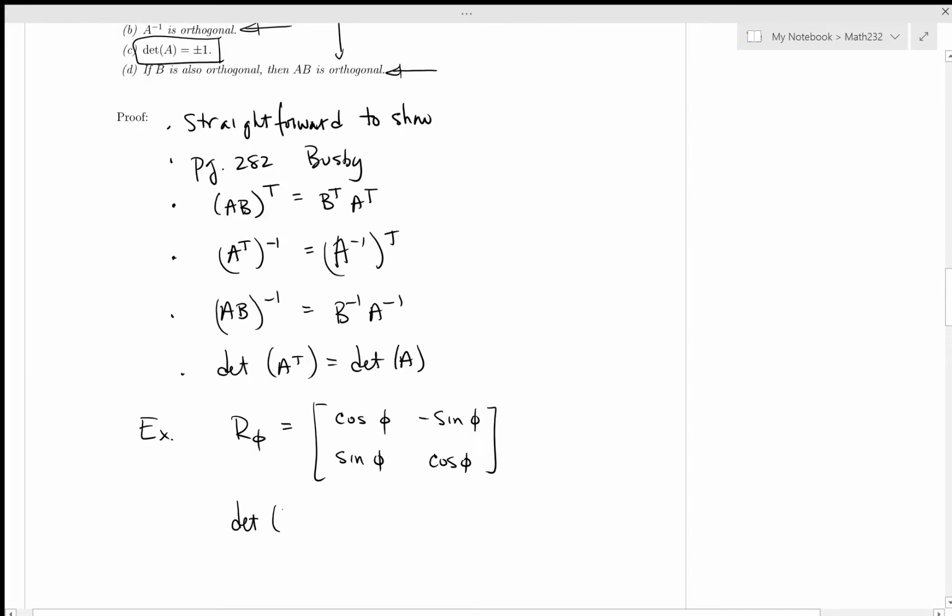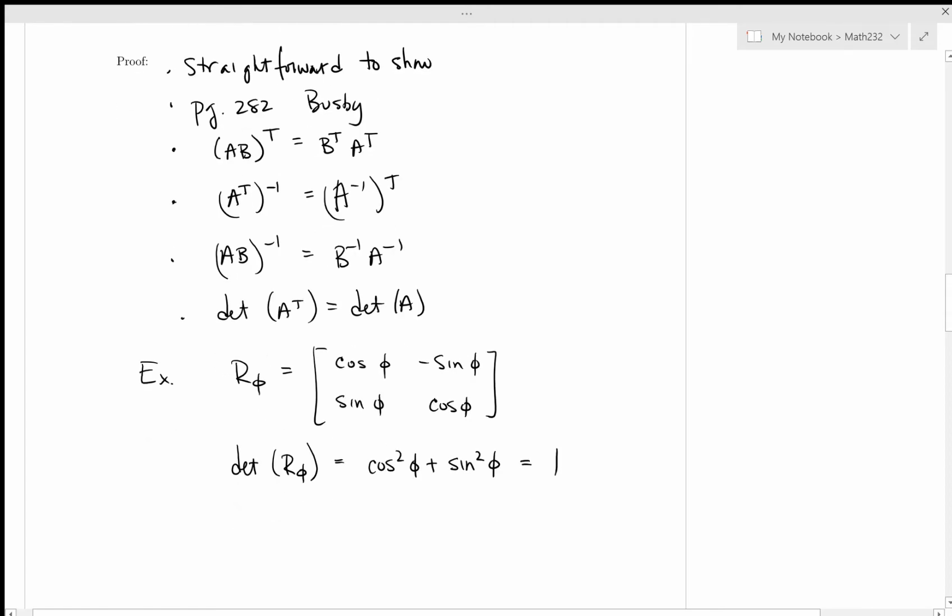Determinant of R phi will be cos squared phi plus sine squared phi, and that is 1. So we can then claim here that R phi is an orthogonal matrix. We're going to see this come up again.